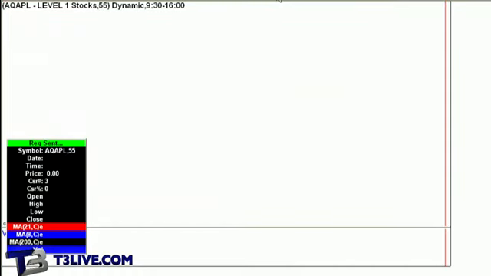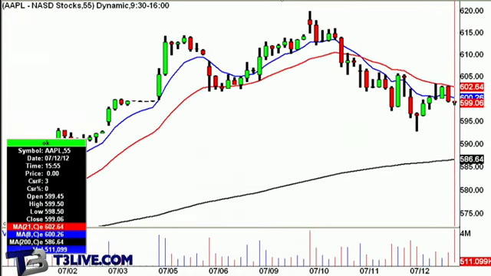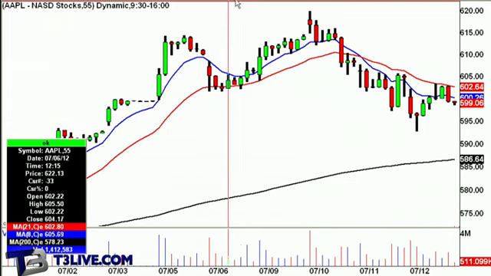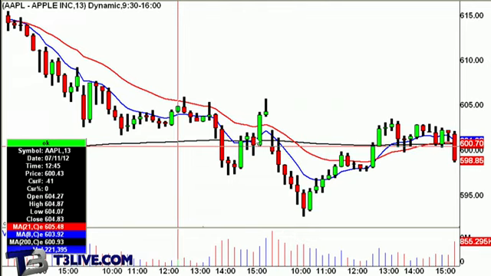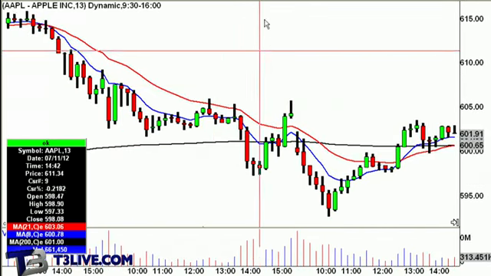I like to find, as an example, let's see if I can show you one here. A stock that, let me get a good example here. I like gap ups with downtrends.